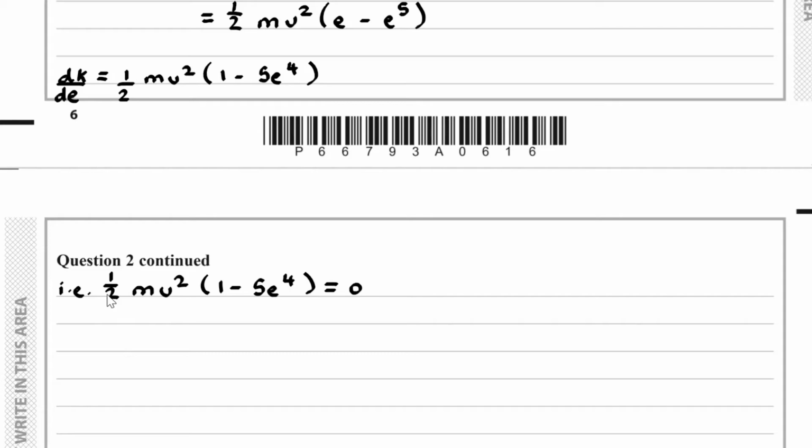So, dividing both sides by 1/2 m u squared, they're just constants, we end up with 5e to the power of 4 equals 1. So, e will equal 1 divided by 5, and then we will take the fourth root of this.